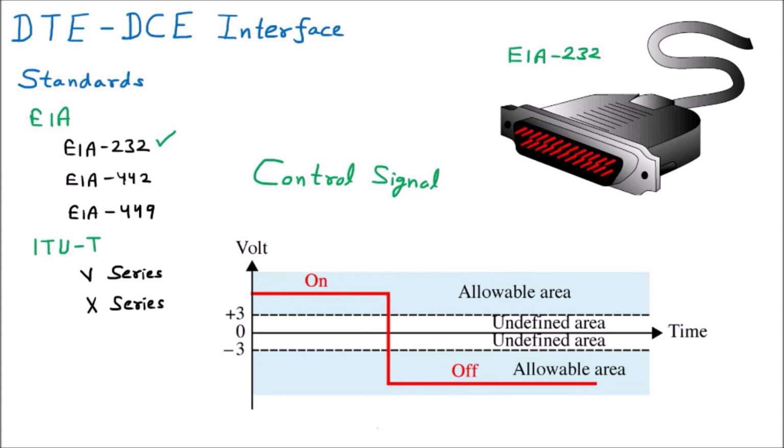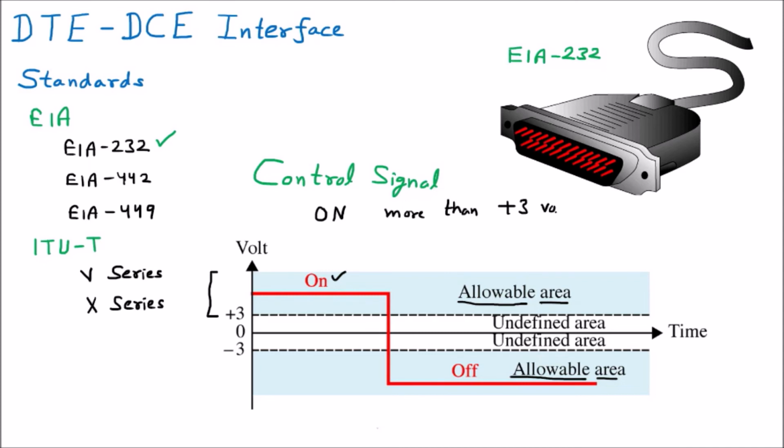Here we can see the allowable area where we can send the control signal. Again, it is the allowable area, which is greater than +3. So if I have to send the on signal, it should have more than +3 volt.